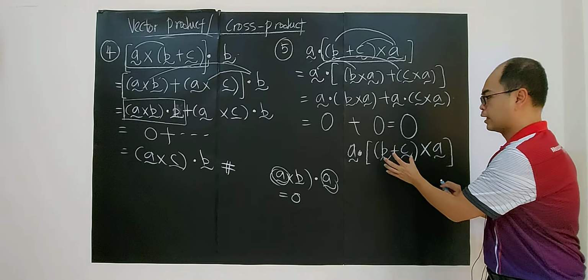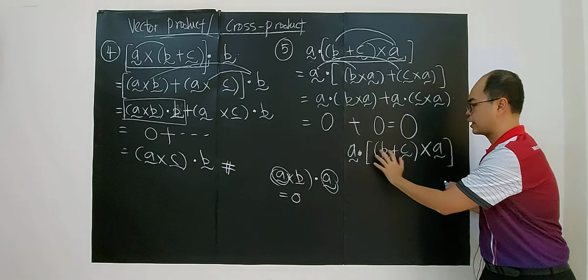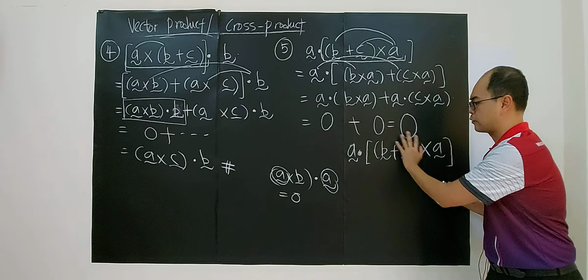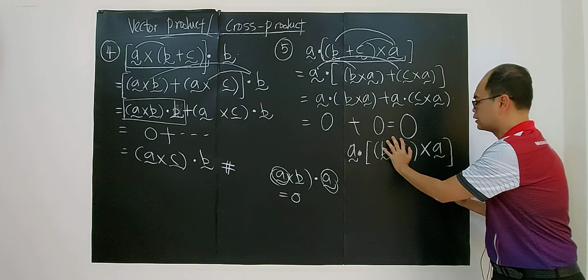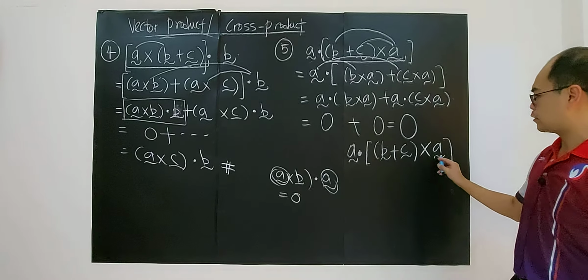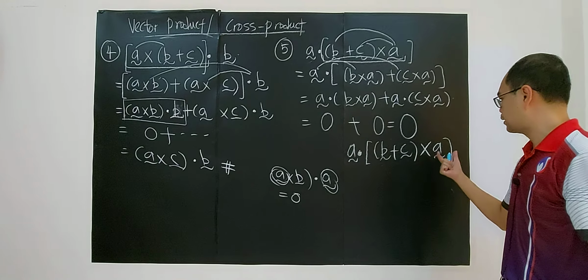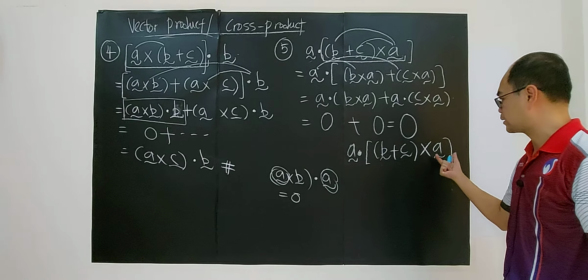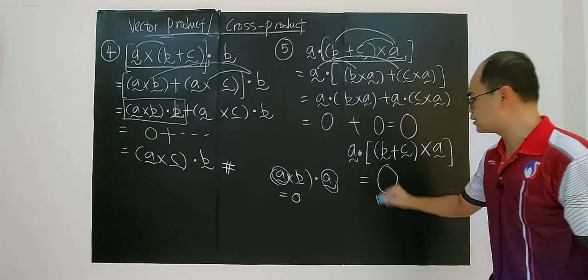It's just like C cross with A. I assume this to be another vector, alpha, so this one cross with A. Can you see that in the cross product between these two vectors, there is a vector A here? So when you dot with A, this whole thing turns out to be 0 also.